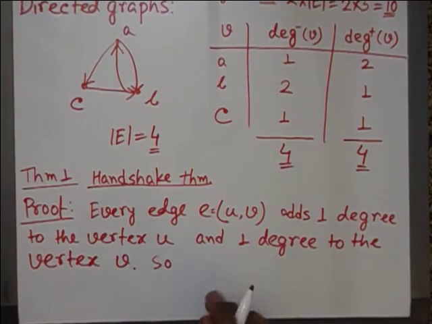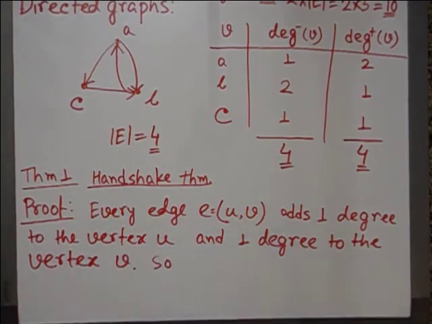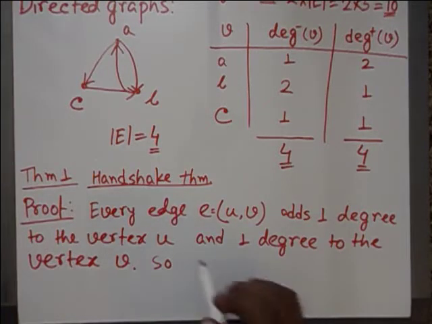So to finish the proof, each edge adds 1 degree to one endpoint and 1 degree to another endpoint.